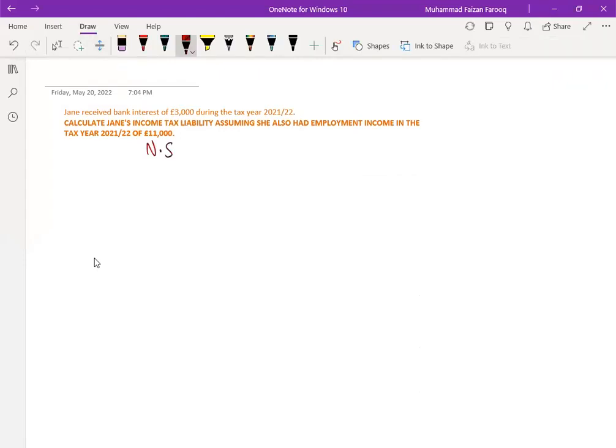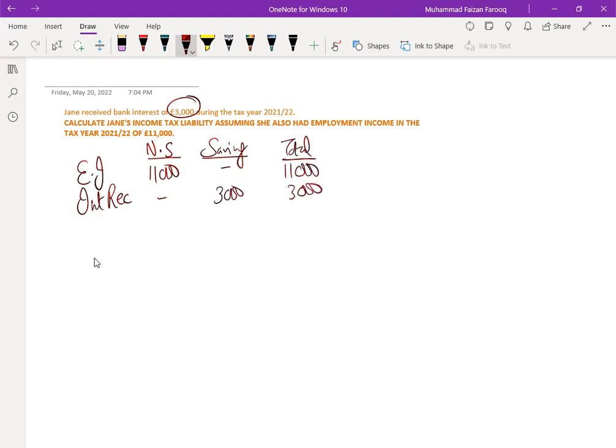We have the fixed format, non-savings, and we have interest, so we will make a savings column. Before we used to make one column, now we have interest here. That's why we make two columns. We have employment income, 11,000, and we do have interest received, which is 3,000. This is 14,000 total income.